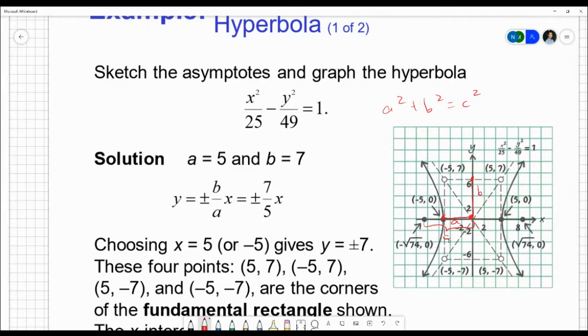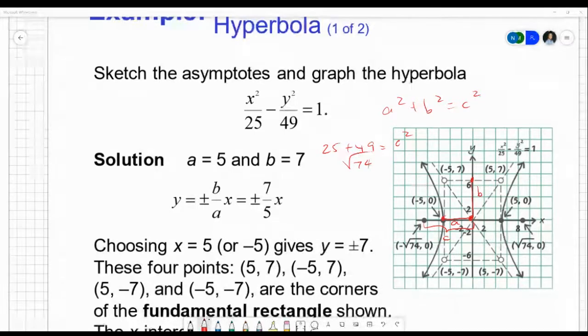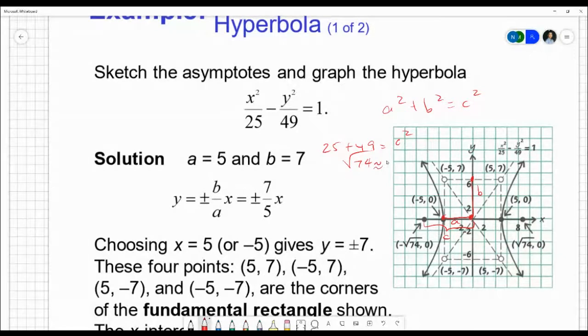So now we can find our C value. We got the square root of 74, and a decimal approximation for that is 8.6. So you see here we have 5, 6, 7, 8.6 right here.